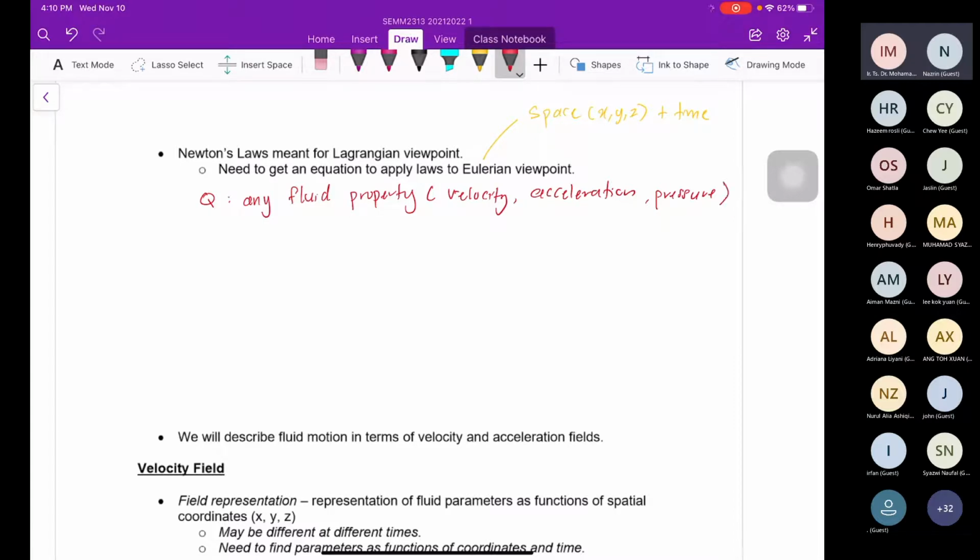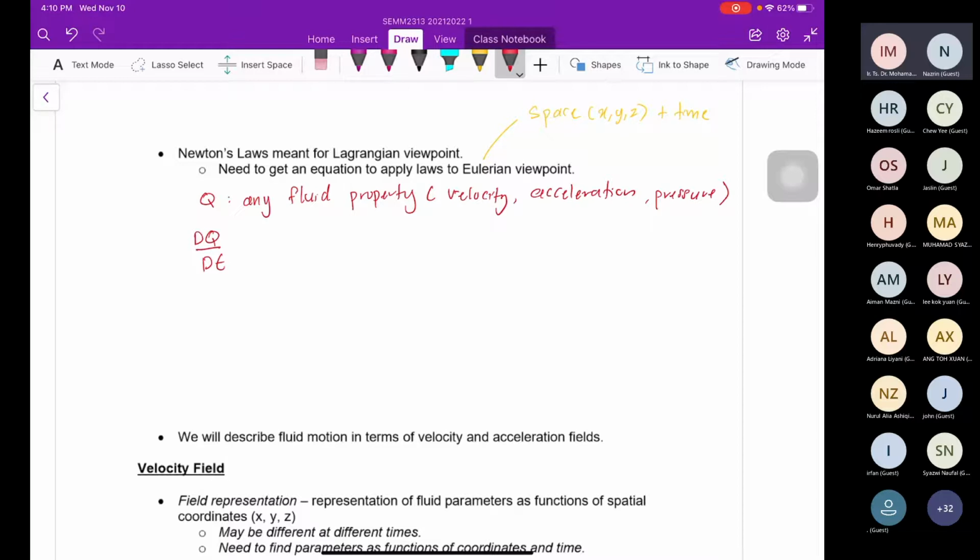As we mentioned, in terms of the Eulerian viewpoint, we need to represent those variables in terms of space and time. So how to represent? Let's say this is dQ over dt. Remember, this is dQ over dt as the Lagrangian viewpoint, in terms of time only.